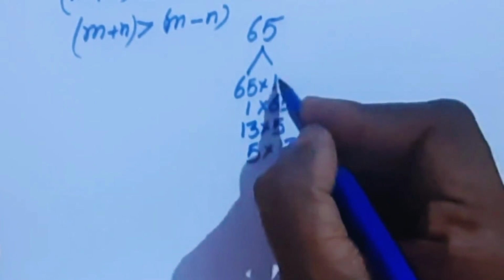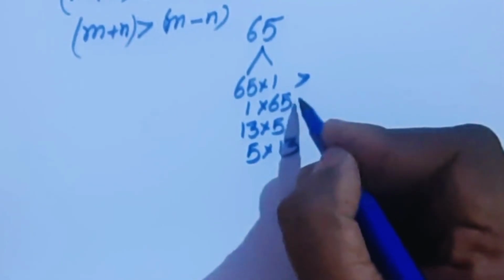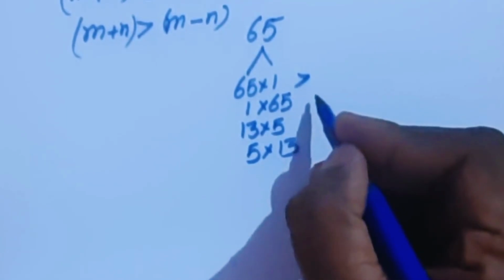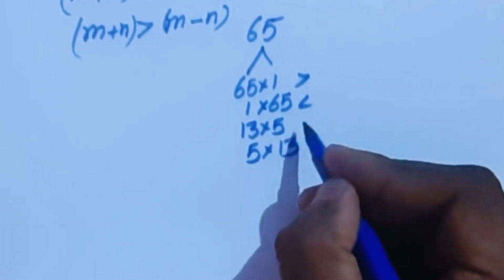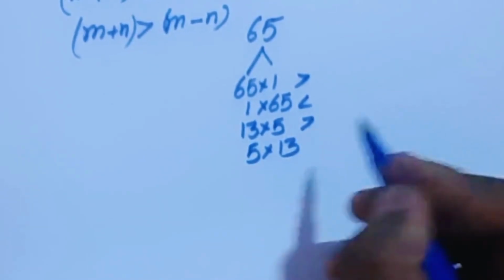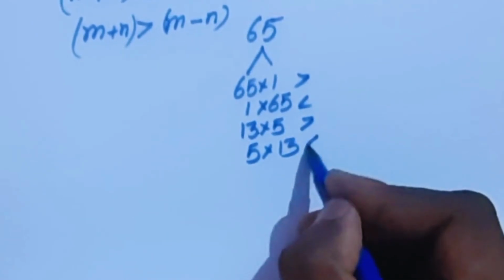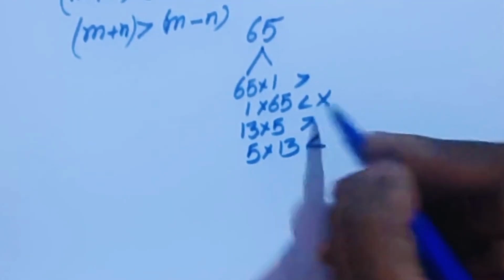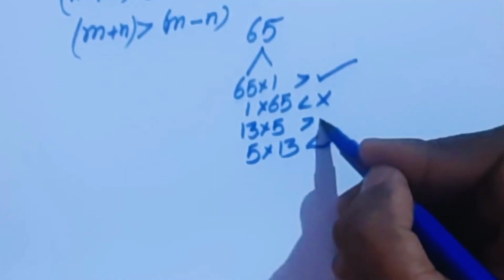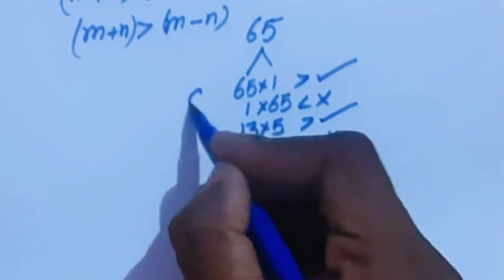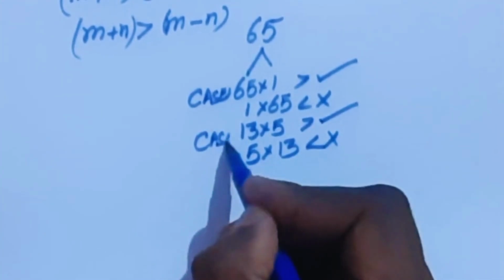Here this 65 is greater than 1, here 1 is less than 65, so here 13 is greater than 5, here 5 is less than 13. So these are rejected. So we are going to take this value and this value as case 1 and case 2.